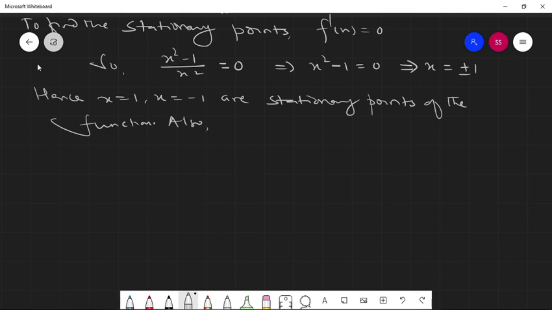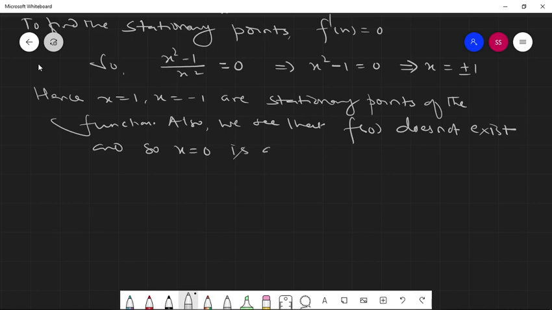Also, we see that f of 0 does not exist, and so x equal to 0 is a point of discontinuity.